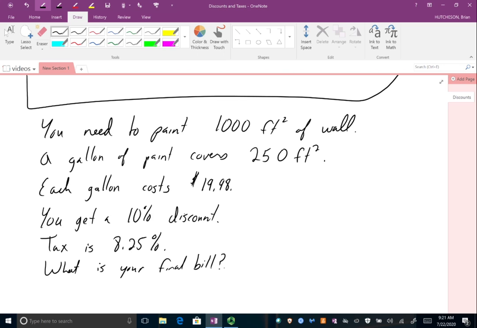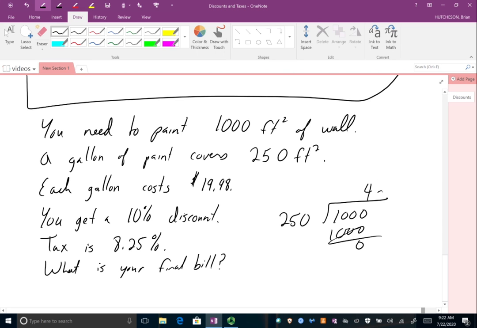Well, first we need to know how many gallons of paint we need. So we're going to do 250 into 1,000. Well, 250 and 250 is 500. So there's two 500s, so 2 and 2 should be 4. 4 times 250 gets me to 1,000 with nothing left over.